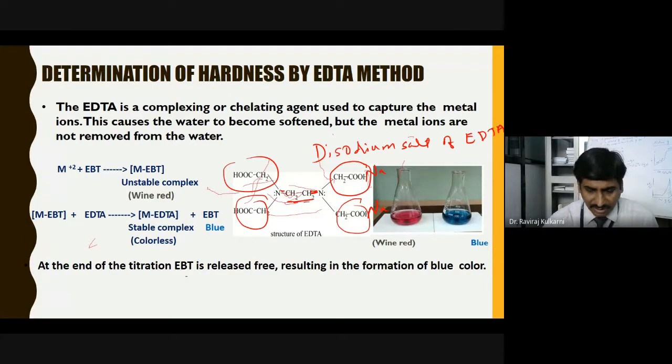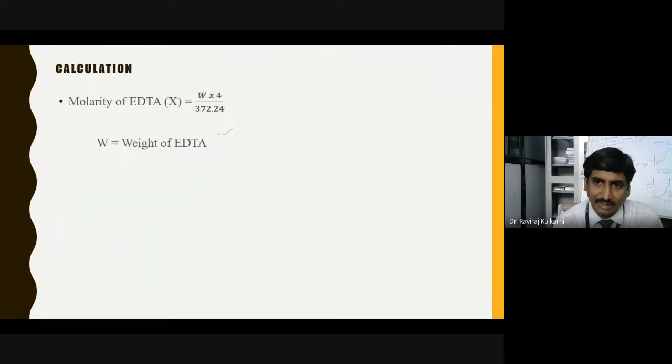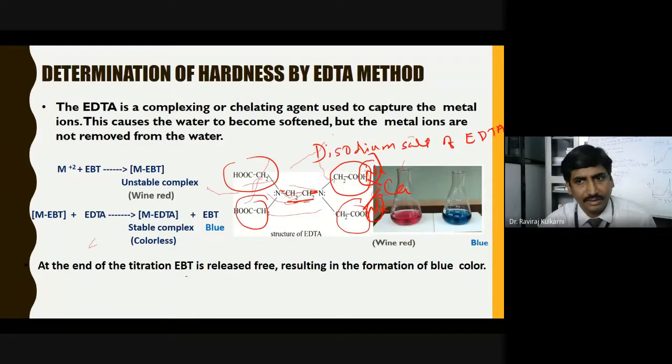And one more thing: during the titration, you can easily replace these two sodium atoms by one calcium atom. It is divalent anyway, so one calcium ion can sit here. That is the reason we go for the disodium salt of EDTA.